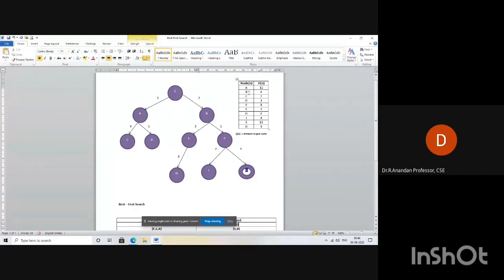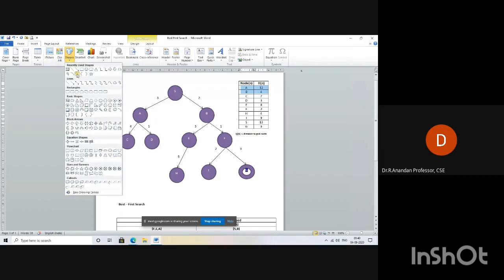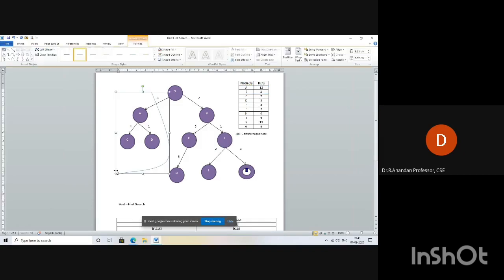Now I am seeing the distance cost of B to G and A to G. B to G is 4 and A to G is 12. So here the minimum is 4. So I am going my exploration through this side instead of this. Why am I not following this one?